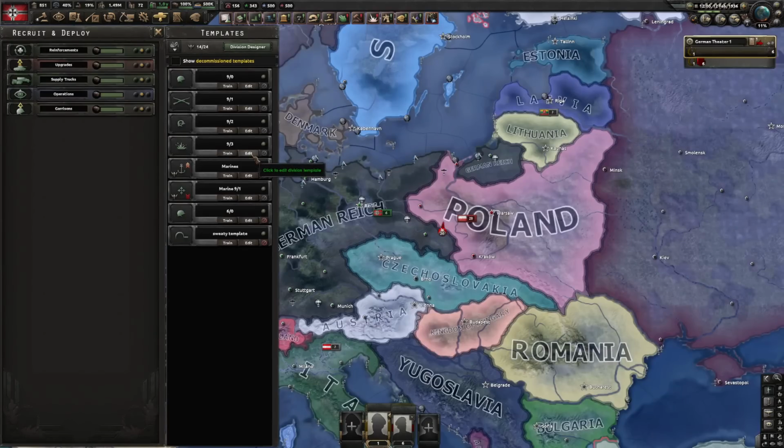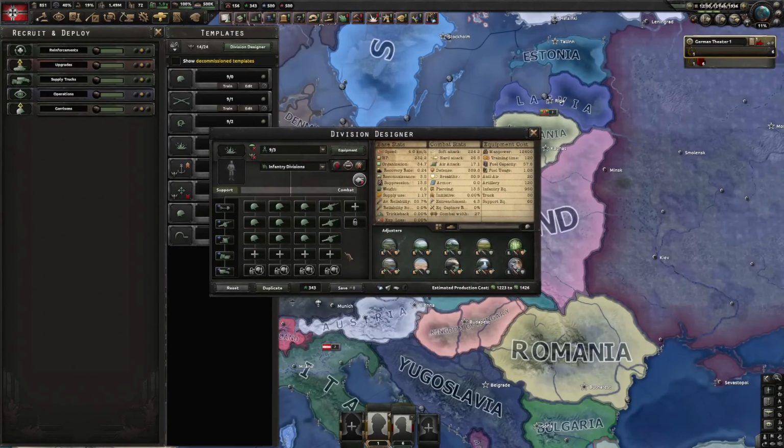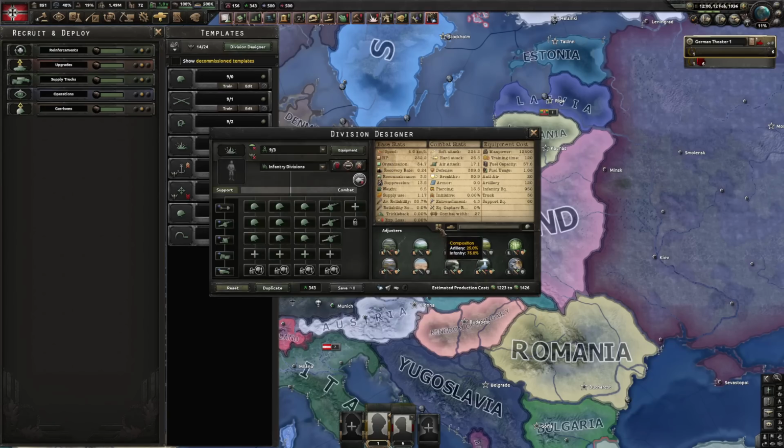The last major problem of line artillery is that when you have a division like this one, which is a 9.3, a very popular infantry division, it contains such a high percentage of artillery. What this does is that it changes the composition, and this changes how much of each type of bonus the division receives. So this division has 75% infantry in the composition.